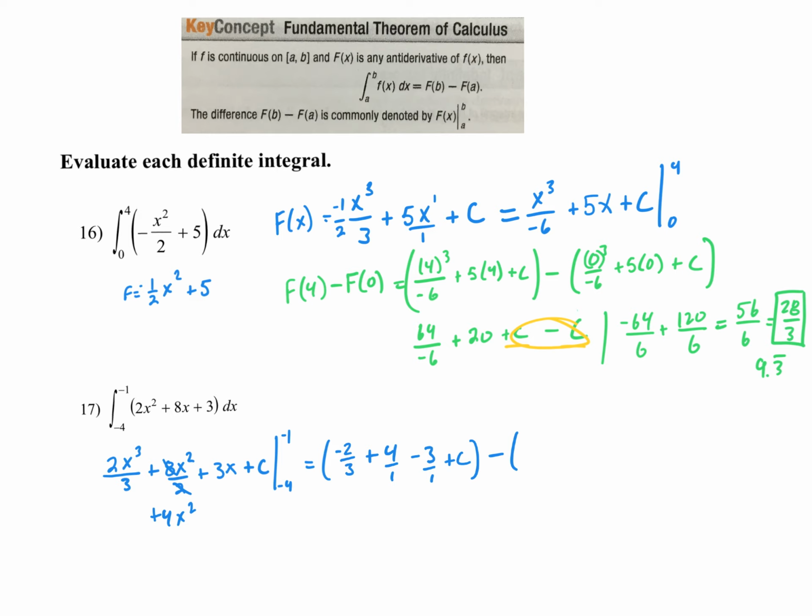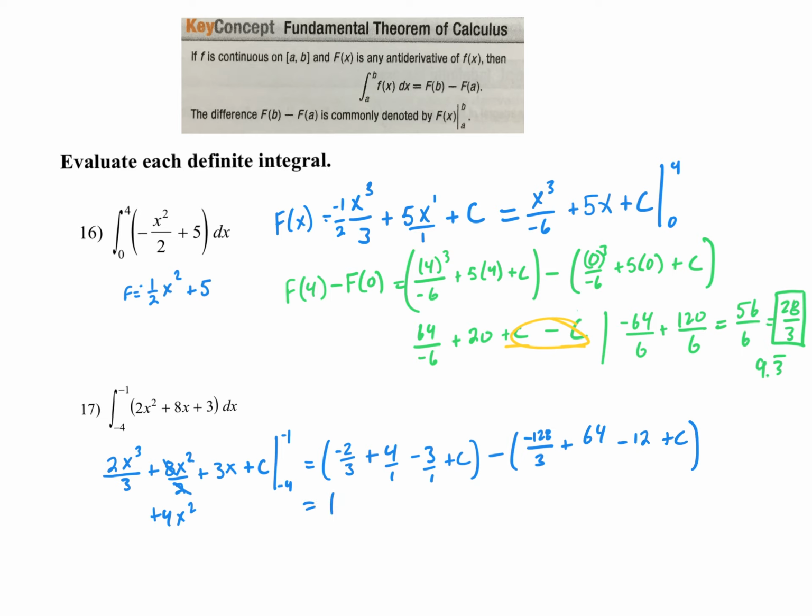But -4 cubed gives me -64 times 2 would give me -128 over 3 plus 4 times 4 squared. 4 squared would give me 16, so it's going to give me 64. And then 3 times -4 is going to be minus 12 plus some constant.